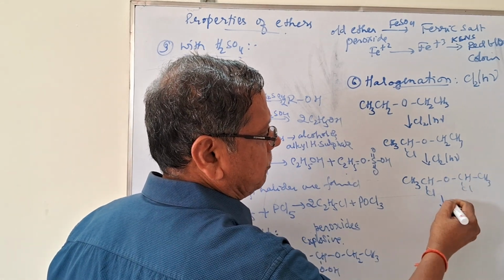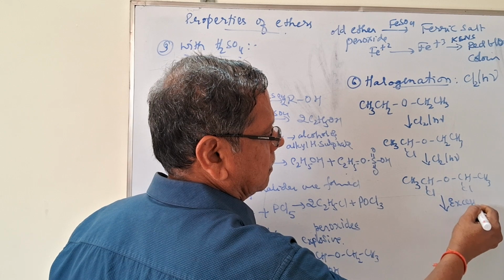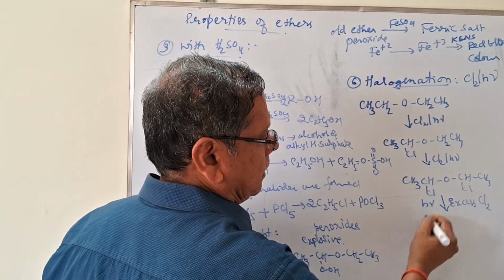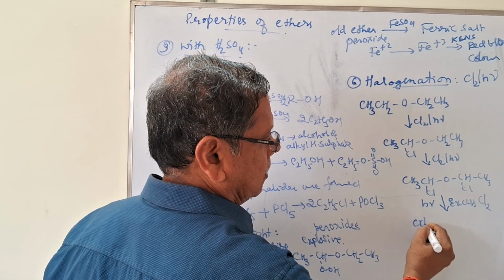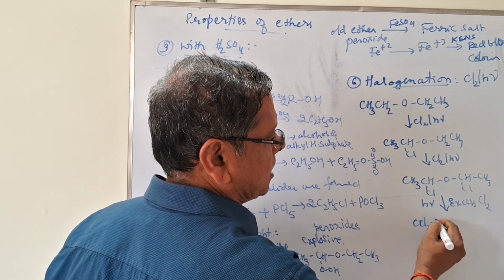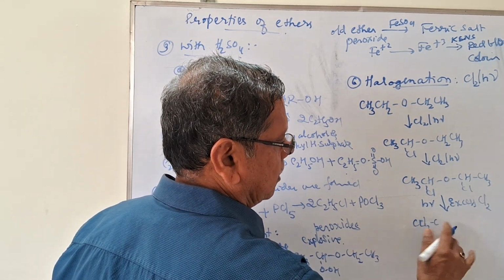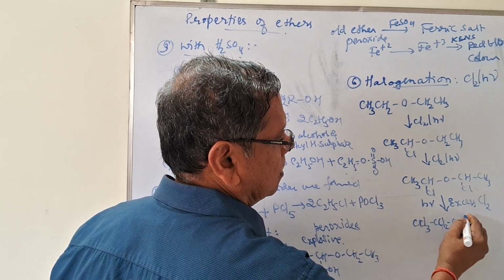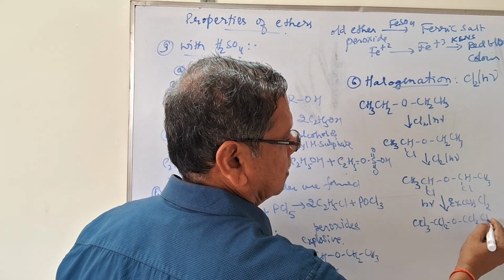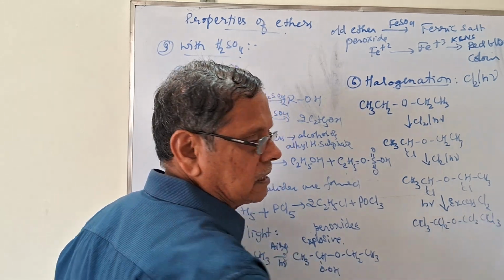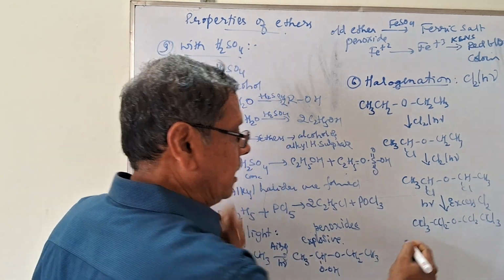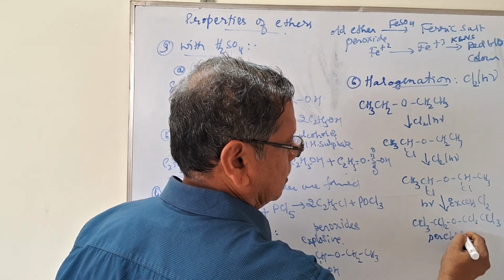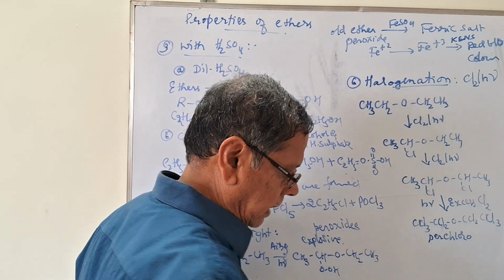By chance, if you treat with excess of chlorine in presence of sunlight, then all these hydrogen atoms are replaced by the chlorine atoms. CCl3, O, CCl2, CCl3. This is actually perchloro diethyl ether.